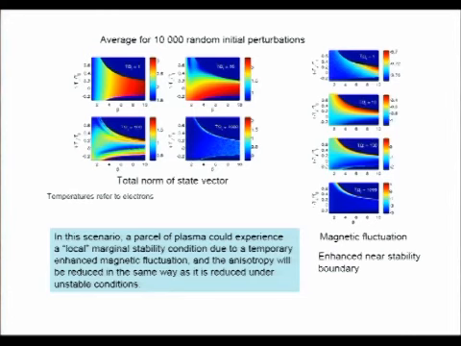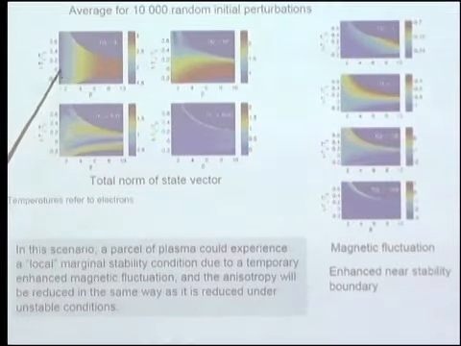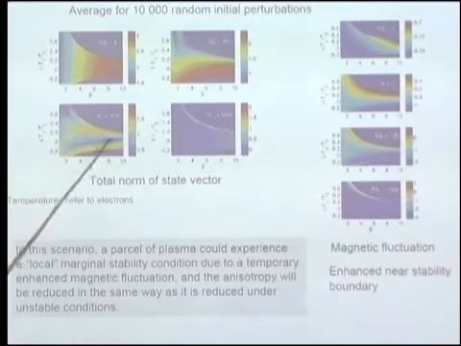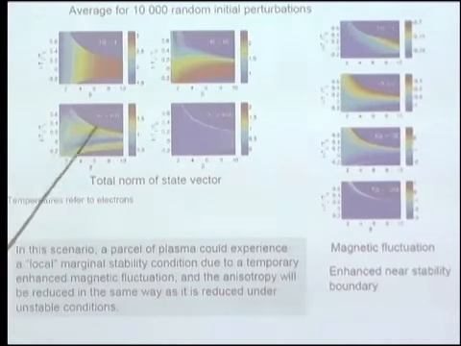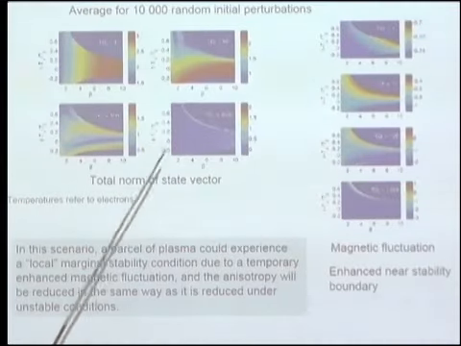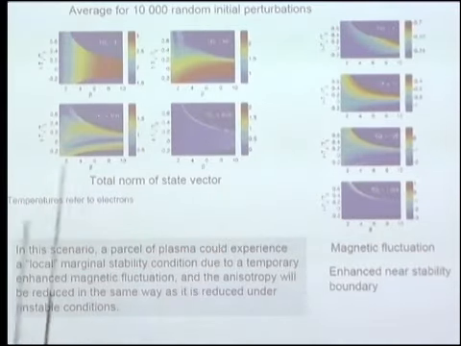You look at the average over 10,000 random initial perturbations for each case of the outcome of the total norm of the state vector, or here of the magnetic fluctuations, and it shows that indeed the fluctuations are amplified more and more as the beta is larger. But as time goes on, the amplification is localized around the frontiers, which are plotted here, of the stability domain.